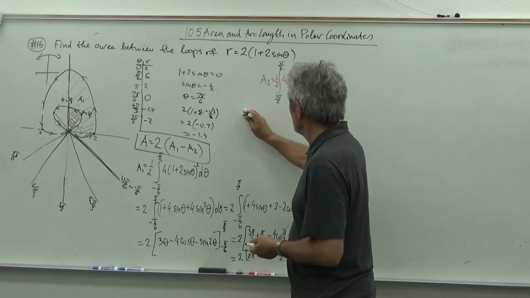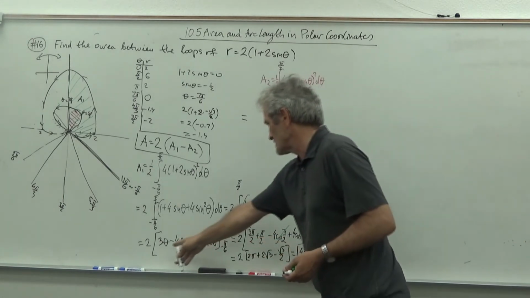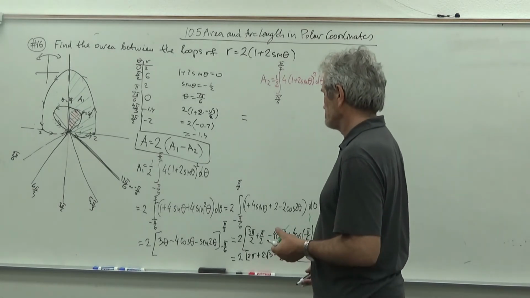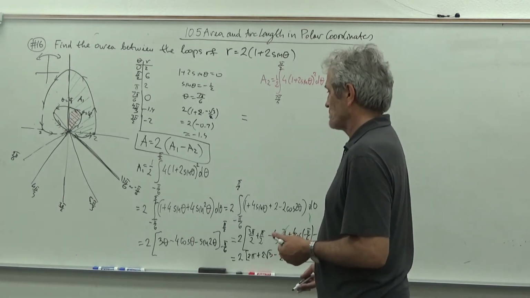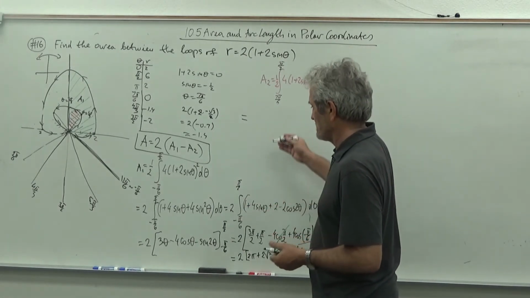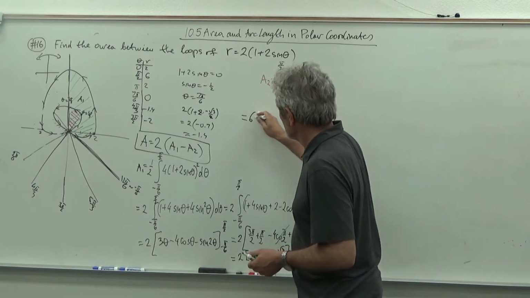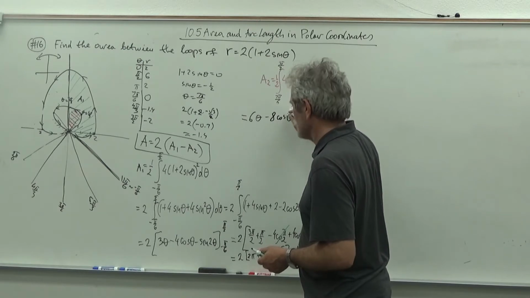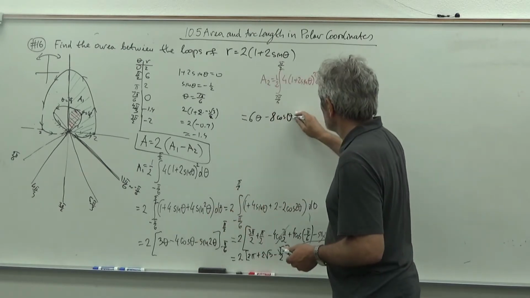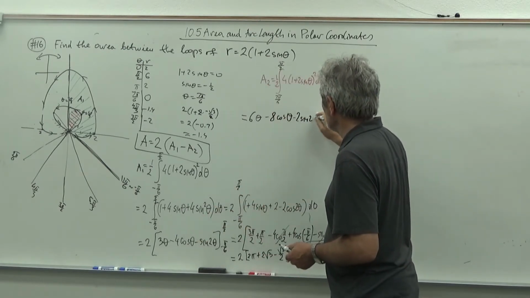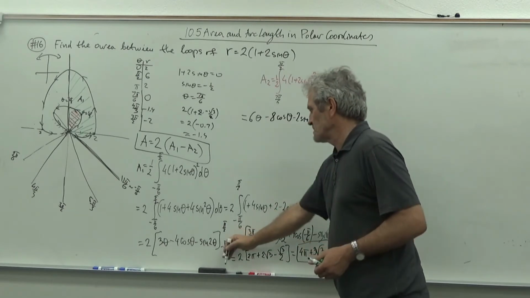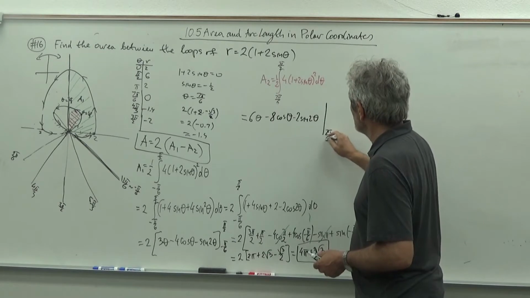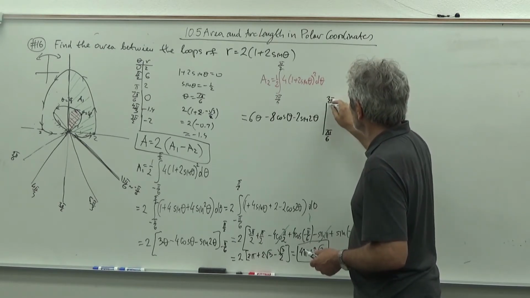So that would be, let me copy this, here it is. Maybe I'll use the opportunity to double it. So it's 6 theta minus 8 cosine theta minus 2 sine 2 theta, but not between these limits, but between 7 pi over 6 and 3 pi over 2.